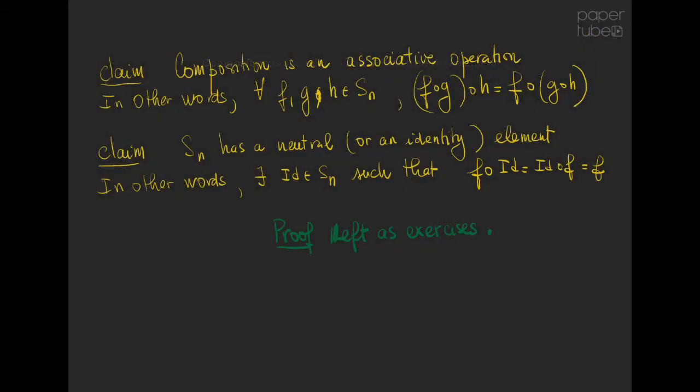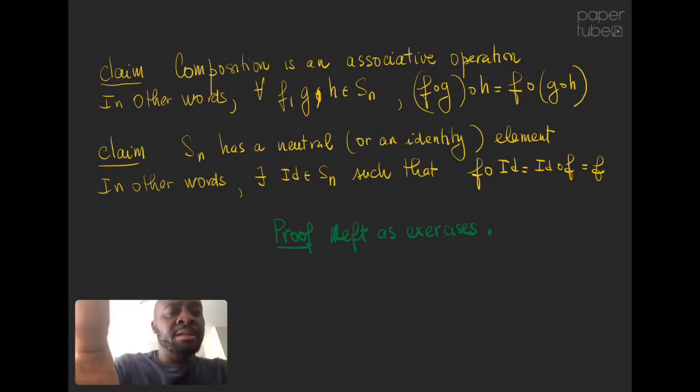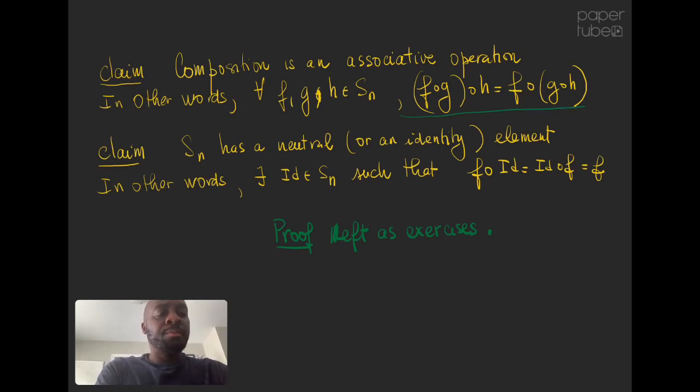All right, so here's a challenge from me to you. I would like you at this point to prove the following two claims. The first claim is that composition is an associative operation. In other words, for any three elements in Sn, the following holds true.